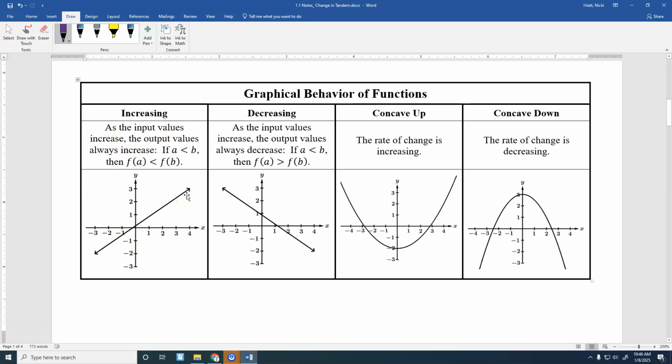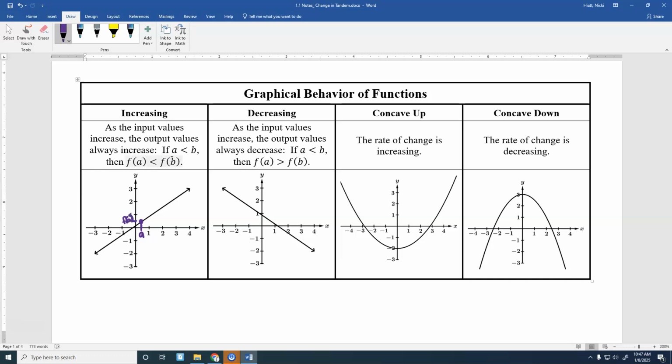Increasing, you always want to go left to right, and it's either just going up or going down. The official mathematical definition for increasing is that as the input values increase, the output values increase. So if A is less than B, then f of A is less than f of B. So like if we put the point A to be right here, then f of A would be over here, right?